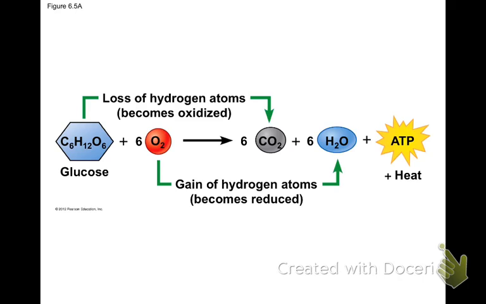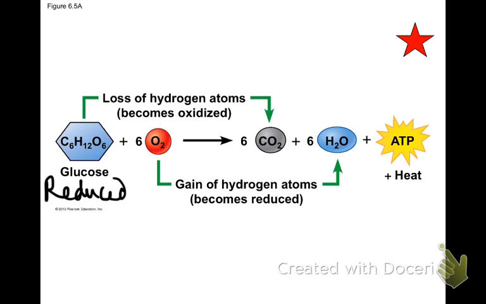In this particular case, glucose is already reduced. It loses all the hydrogen atoms. Now, a lot of you might question this. Sometimes I'm saying loses electrons, sometimes I'm saying loses hydrogen. The important thing is electrons cannot travel on their own.